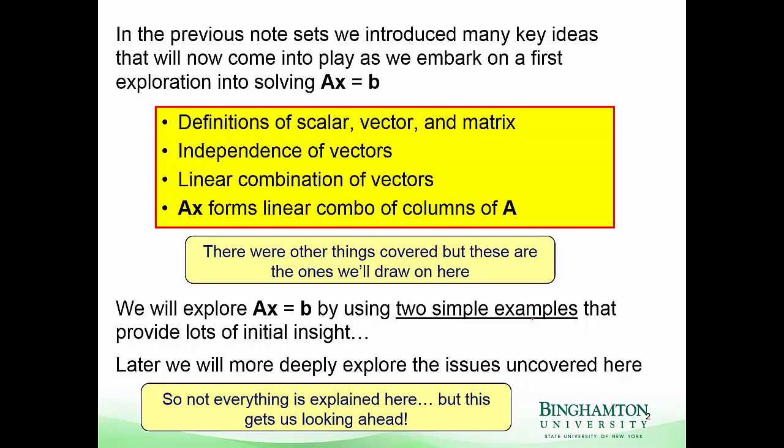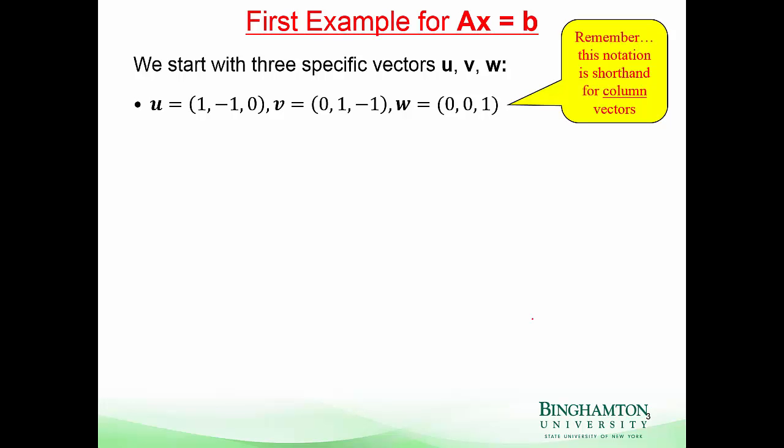But the examples that we look at in this set of notes will later be explored more deeply and in more general ideas in some of the later notes. So in this set of notes, we're just going to start getting a flavor of this. We won't be able to explain everything here, but it'll set the stage for what we do later.